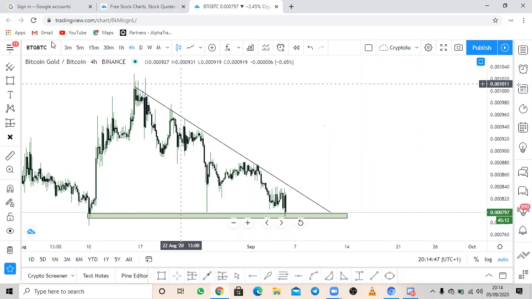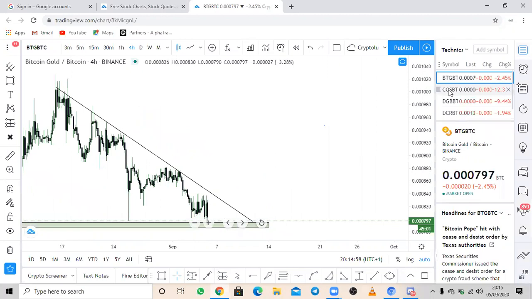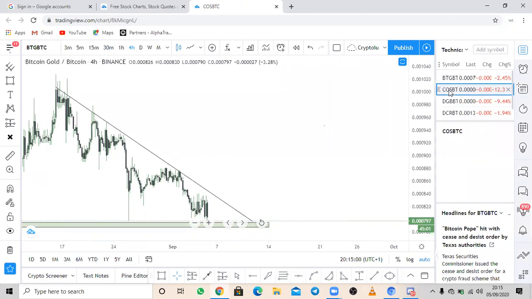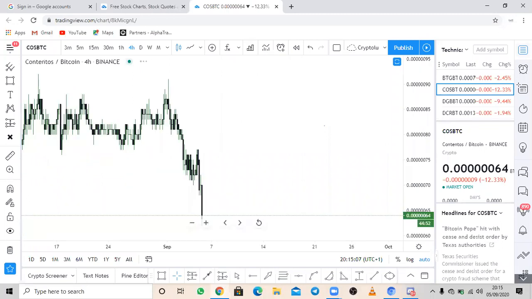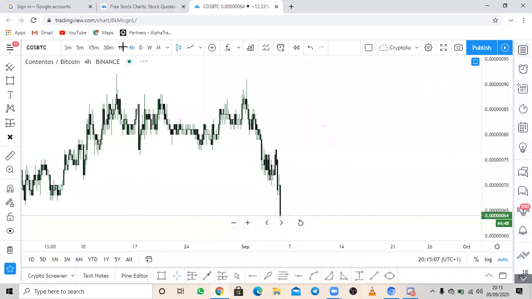So the next coin that I'm looking at here is COS BTC. If you all understood the first analysis, please let me know in the chat box. If there's any question, I can go back to it.